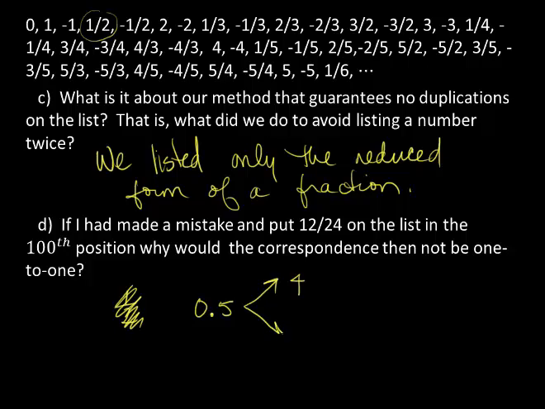It would also correspond to 100 when it was put on the 100th position as 12/24. So the correspondence would not be 1-to-1 because the number 0.5 would be listed twice and therefore correspond to 2 different natural numbers.